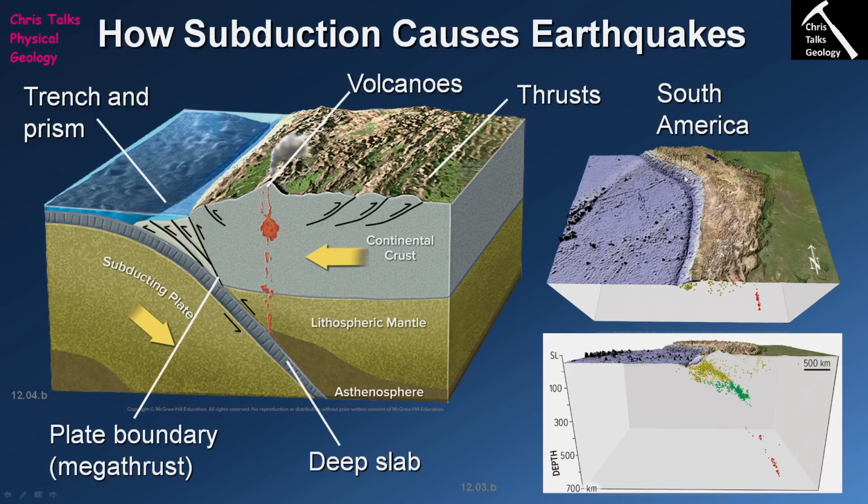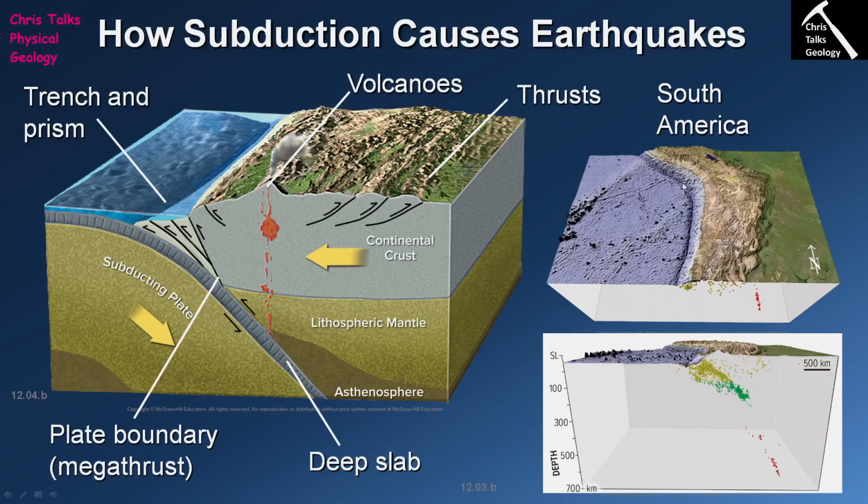So this material along the edge here, just to the right of the trench, this is going to be our accretionary prism. This is material that's being scraped off the Nazca plate as it subducts. And then of course we have the Andes mountains here, which represents this area. So this is the area of continental crust which is being deformed in response to the collision between these two very large pieces of crust.